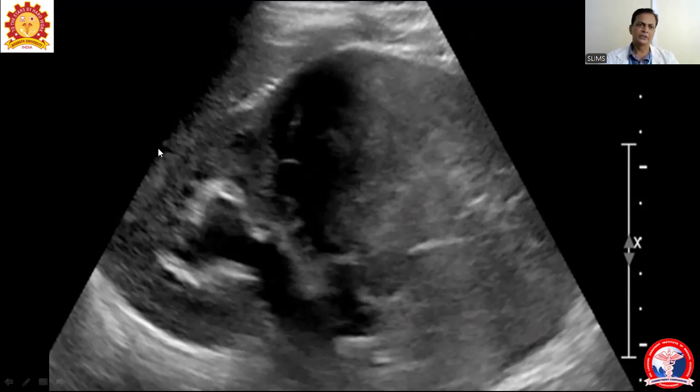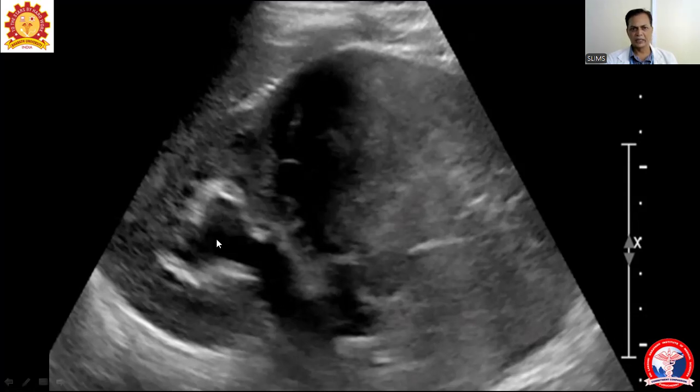What we are seeing here is the normal upper pole of the kidney, and on the lower side, the lower half of the kidney is engulfed by a large mass, which is heterogeneous and almost distorting the complete anatomy of the lower pole, as well as invading into the collection system. Probably it is invading at the pelvic junction or adjacent to it, so there is some amount of obstruction leading to hydronephrosis.